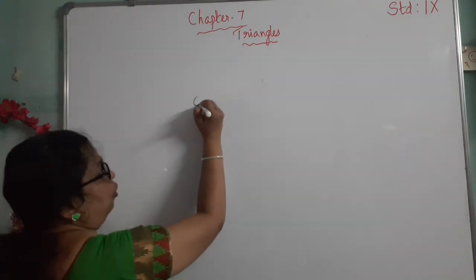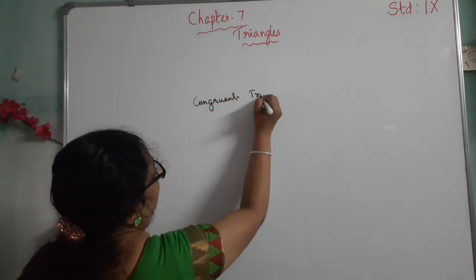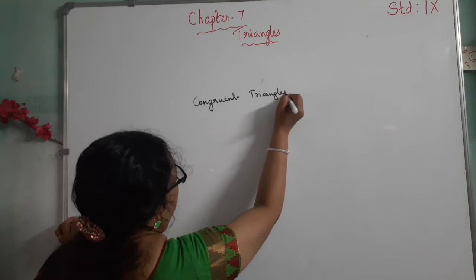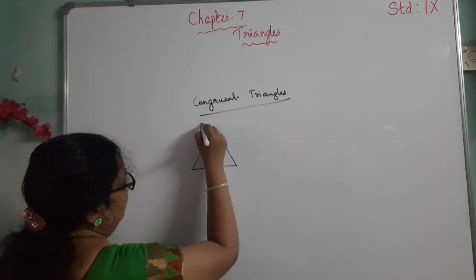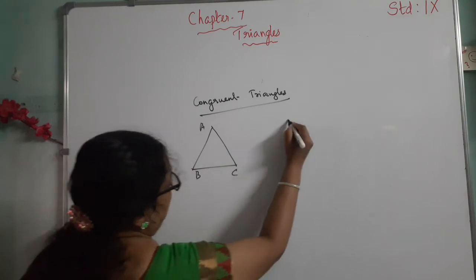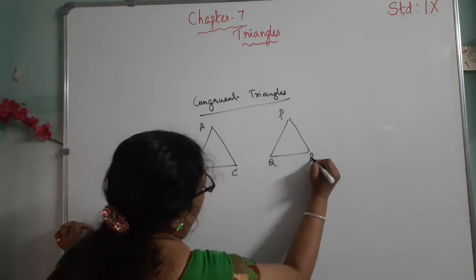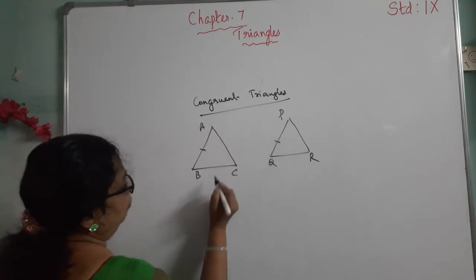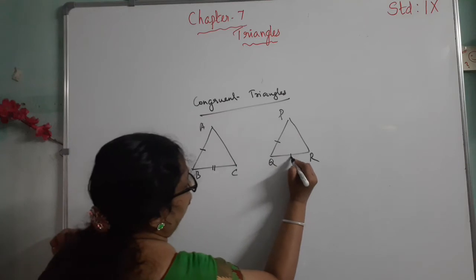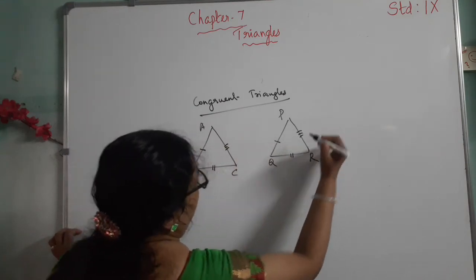Then coming to congruent triangles, that is, a triangle ABC and another triangle PQR. Then AB is equal to PQ, BC equal to QR, and AC equal to PR.